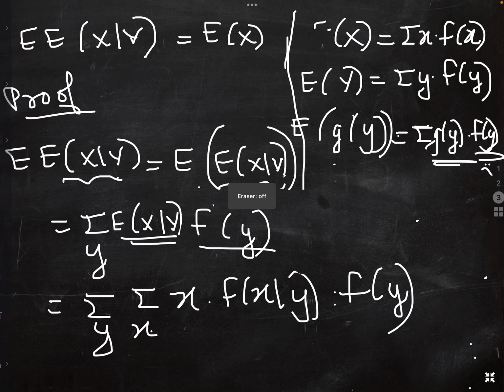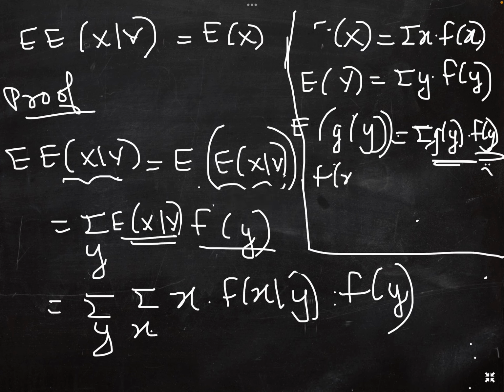We know that f of x given y is equal to f of x comma y divided by f of y.